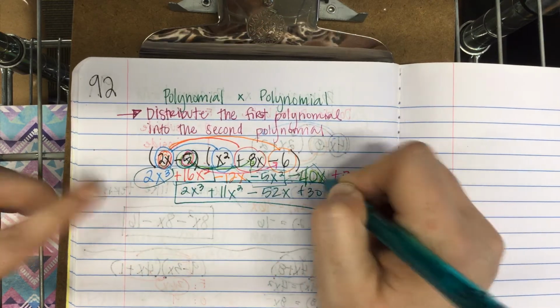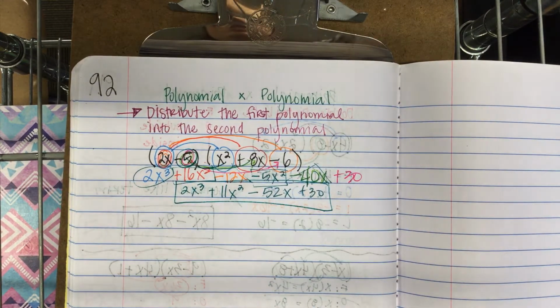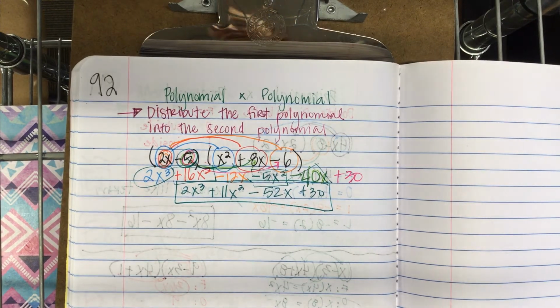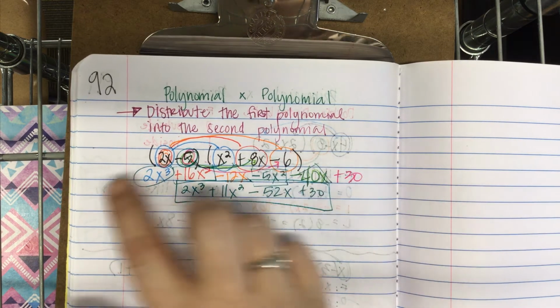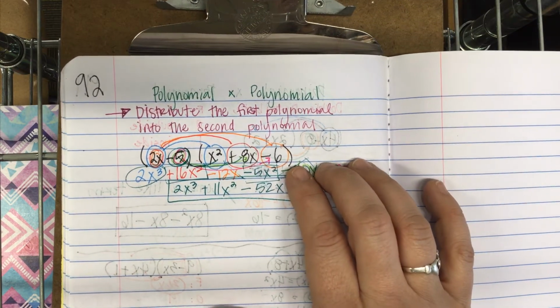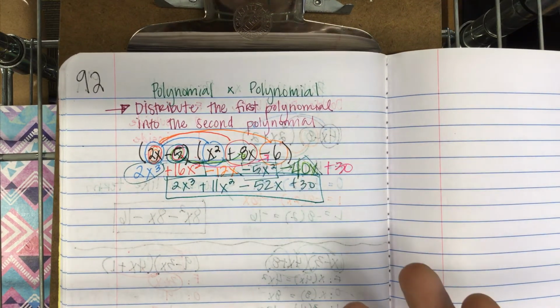I'm going to get the correct answer. I just have quite a bit written down. And sometimes, not all the time, but some of us are not horizontal thinkers, right? Having it horizontally sometimes is a little more challenging. It's still doable.